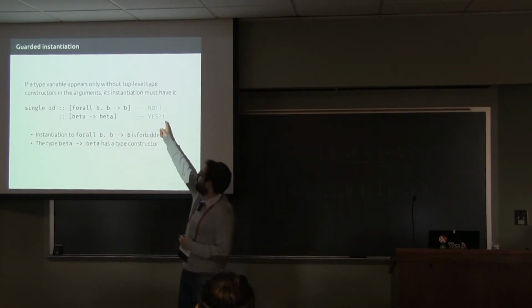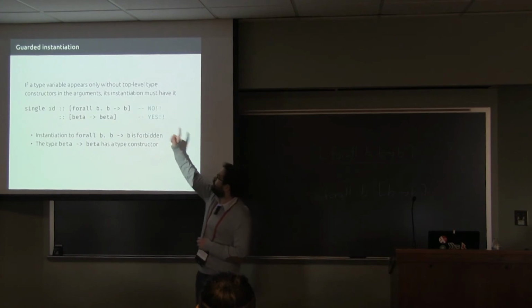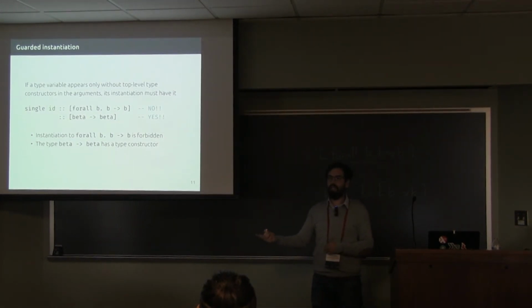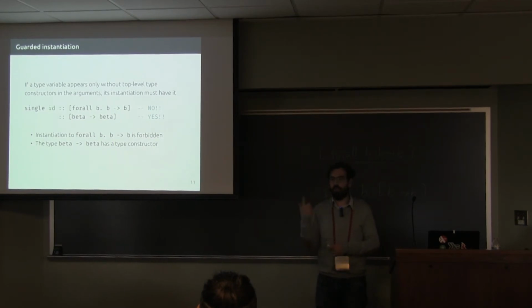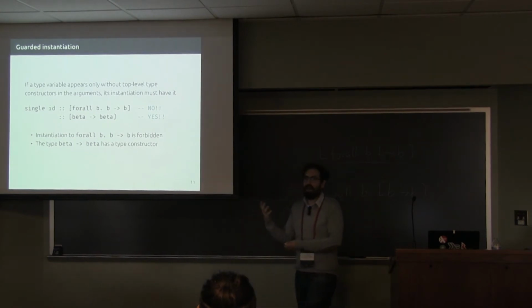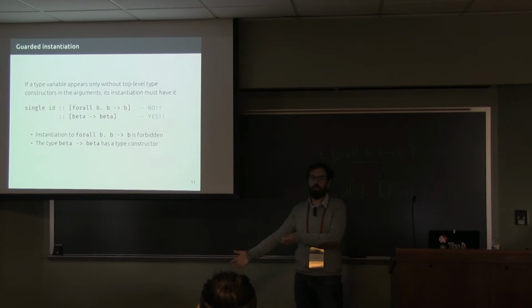So for example, if we have single ID here, we are going to disallow this thing, because that would mean that A is instantiated with something with a forall. But we said you cannot do that because your A never appears inside of a constructor. So that leaves us with only one possibility, which is this one. So we have sort of decided among the two possible choices which one you want to have.